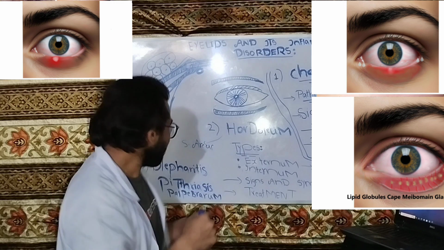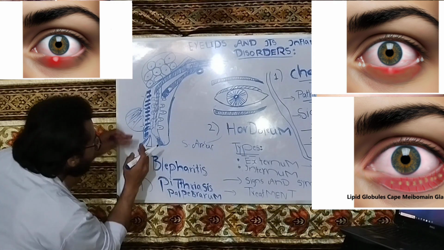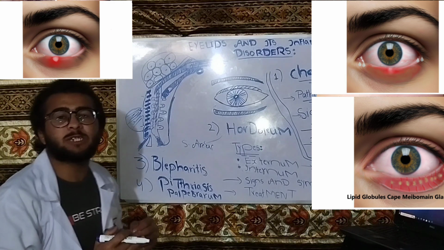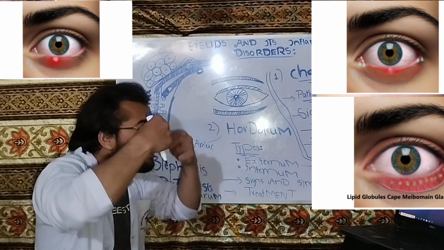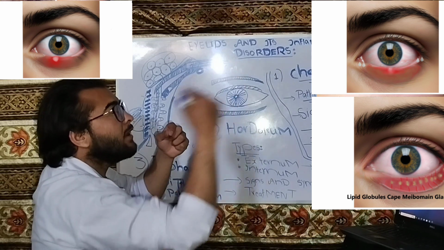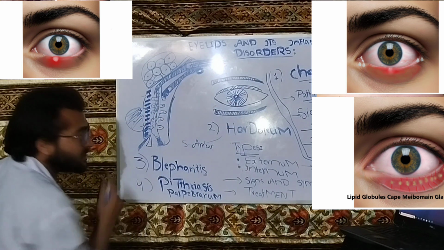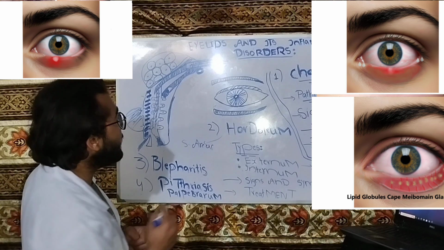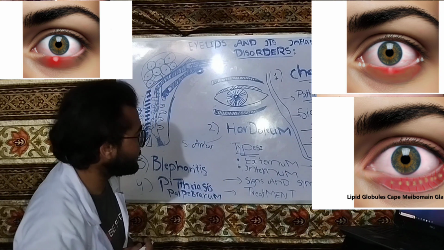As this is an infection of the lash follicle, if we epilate or remove the lash, the pus will come out of this infectious nodule. So this is the Hordeolum externum or Stye.